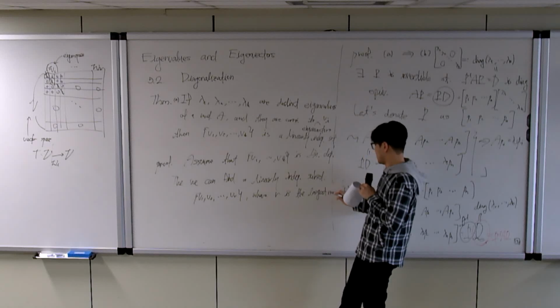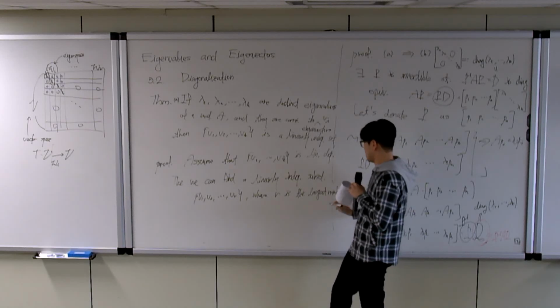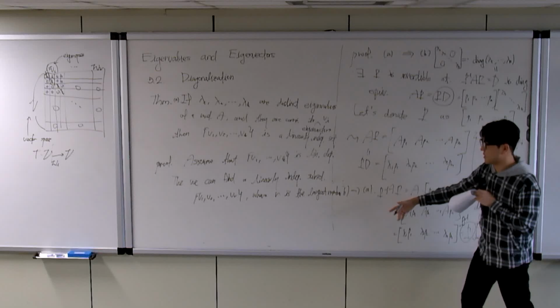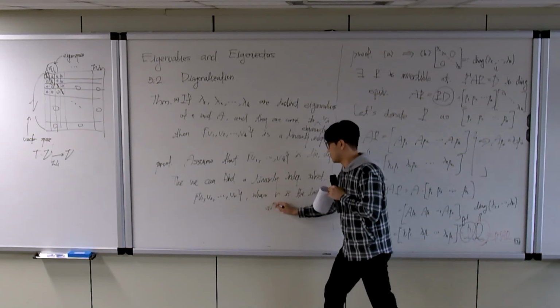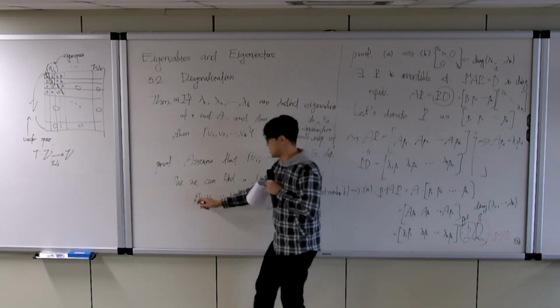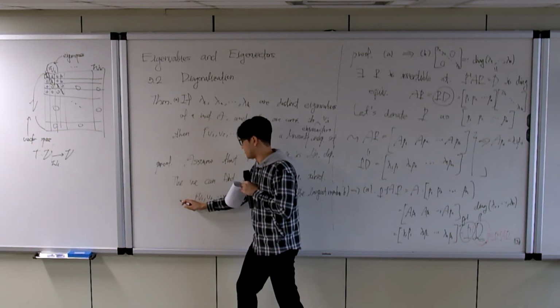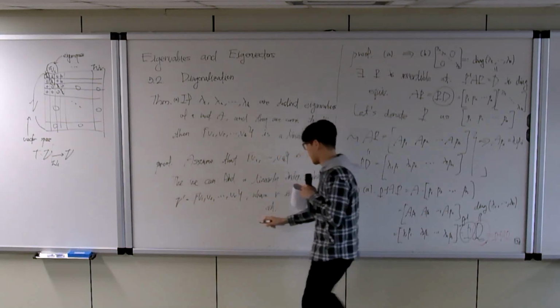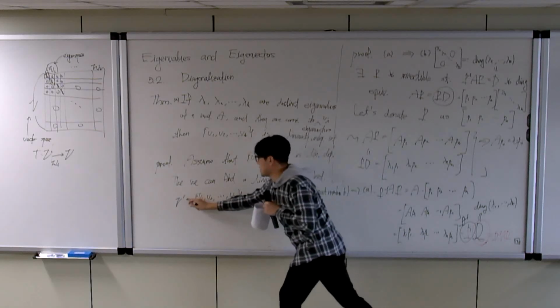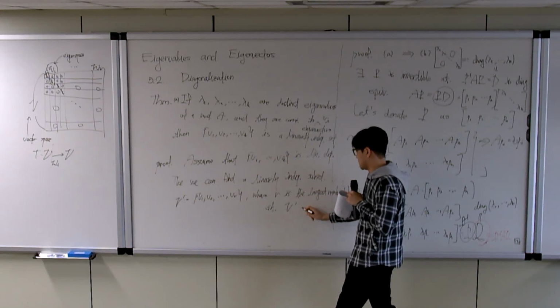And then by multiplying by the matrix A, we already have matrix A, it will give a linear combination of them.